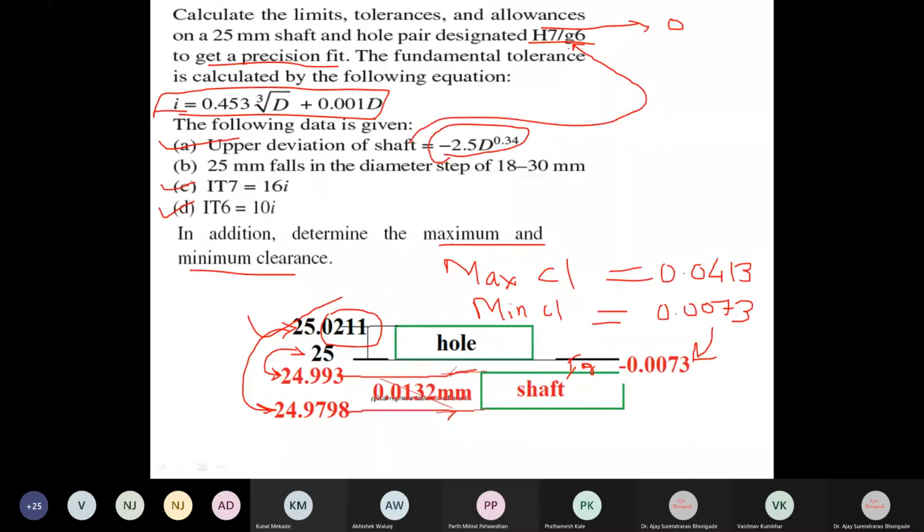But the G figure doesn't have that value, and that G value will be worked out by using this upper deviation of the shaft. That is nothing but the fundamental deviation for the shaft. Once we know these things, we can easily work out the rest. Though the G value is not given to you, we can work it out from this relation. Okay, is it clear? Shall we move ahead?